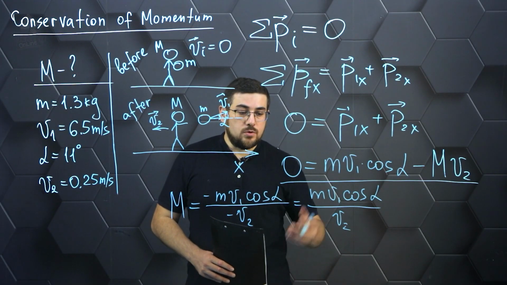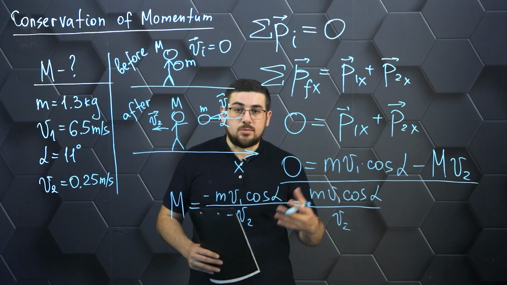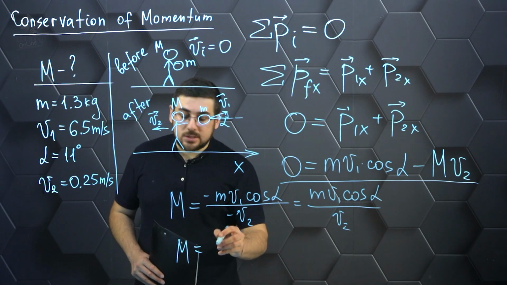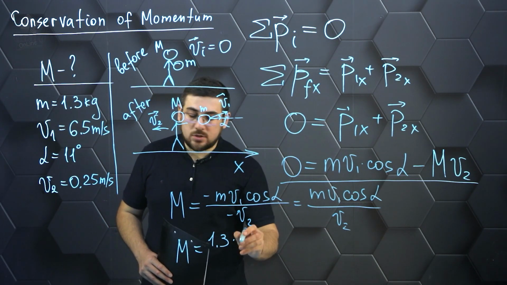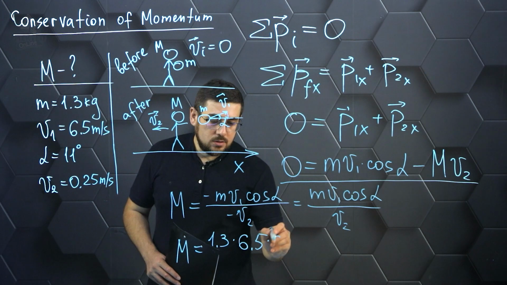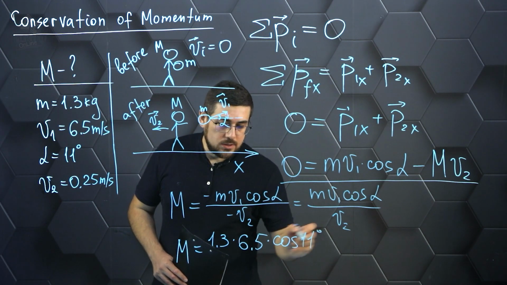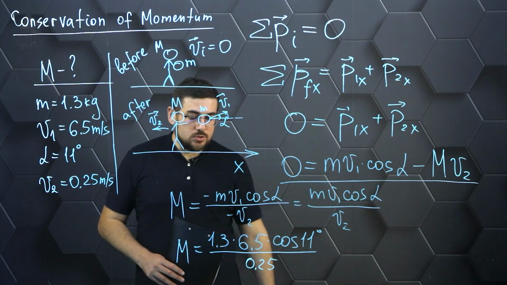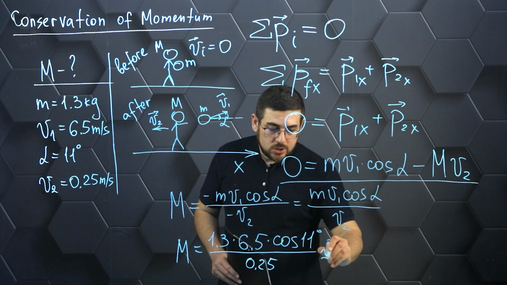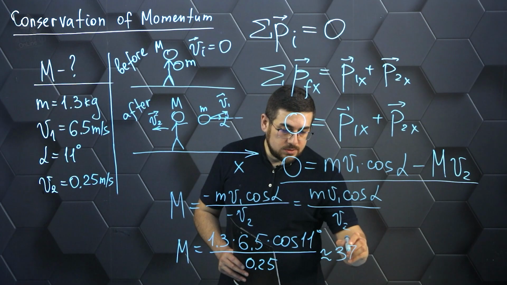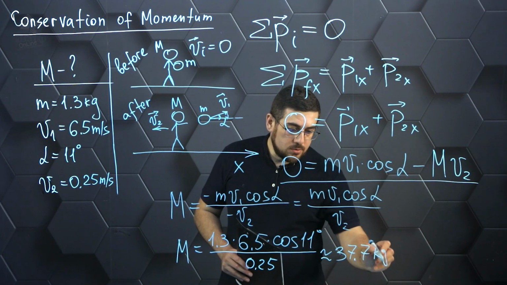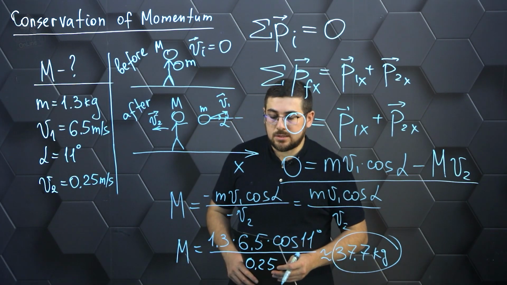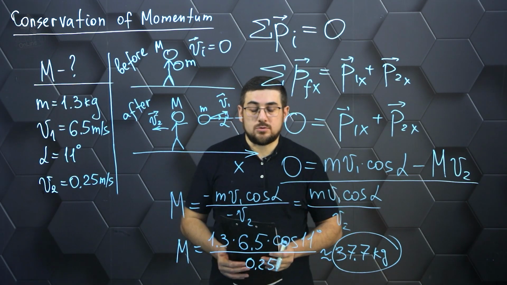So, you and I have got the final formula for calculating the mass of the hockey player, and all that is left is to put in the numerical values. The mass of the bag is 1.3 kilograms, the velocity is 6.5, cosine of 11 degrees, and divided by the speed of the hockey player. After the calculations, we get a rough answer of 7.7 kilograms, which is actually quite a realistic answer for this problem. A young hockey player may well have such a mass.